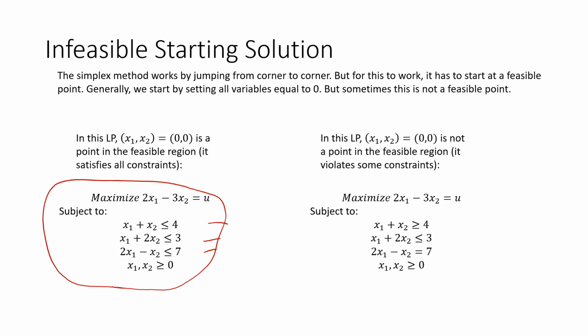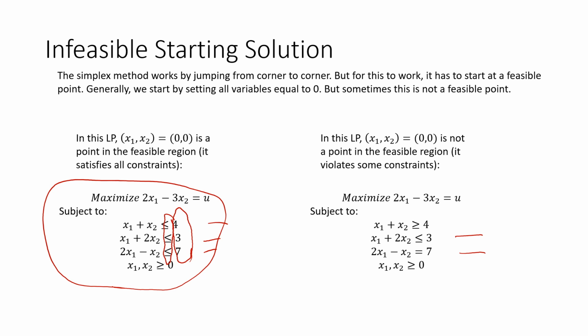This works nicely if all of your constraints are less than or equal to's and all of your coefficients are positive. But that doesn't always happen. Sometimes you have greater than or equal to constraints. Sometimes you have constraints that are actual equality constraints.